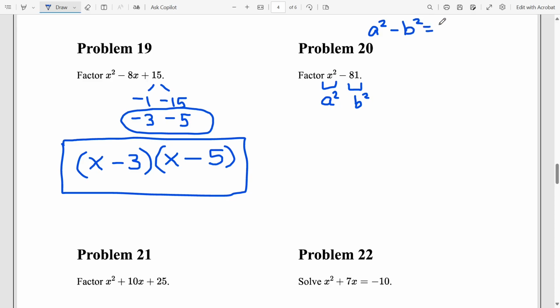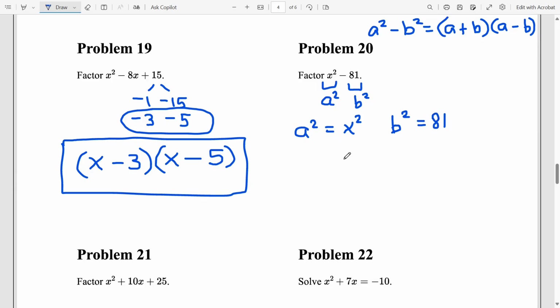That factors into a plus b times a minus b. Okay? So if a squared equals x squared and b squared equals 81, well, we can factor this.